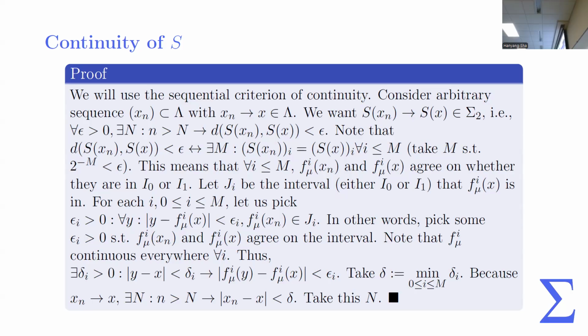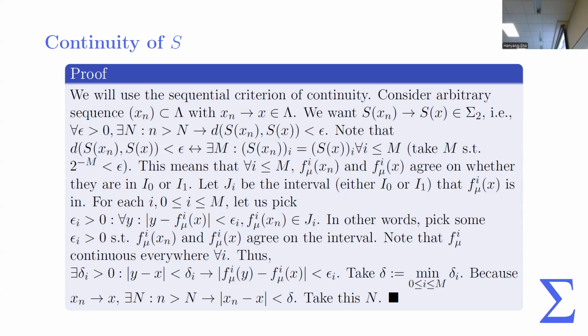Basically you can take epsilon_i, which is the distance between these two. And then by continuity of f^i, there exists some delta_i such that for all y in this delta_i neighborhood of x, the distance between the ith iterates of f is less than epsilon_i. And then we simply take delta to be the minimum of these delta_i's. We're taking a minimum over a finite number of deltas, so this makes sense.